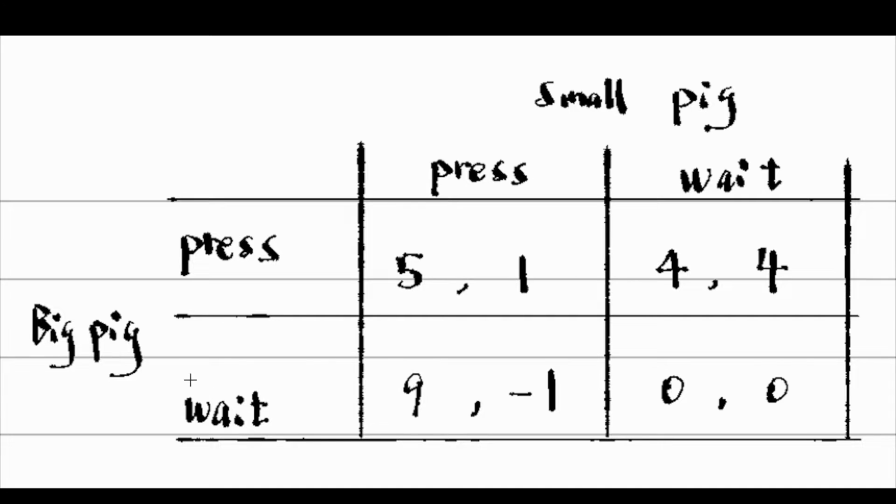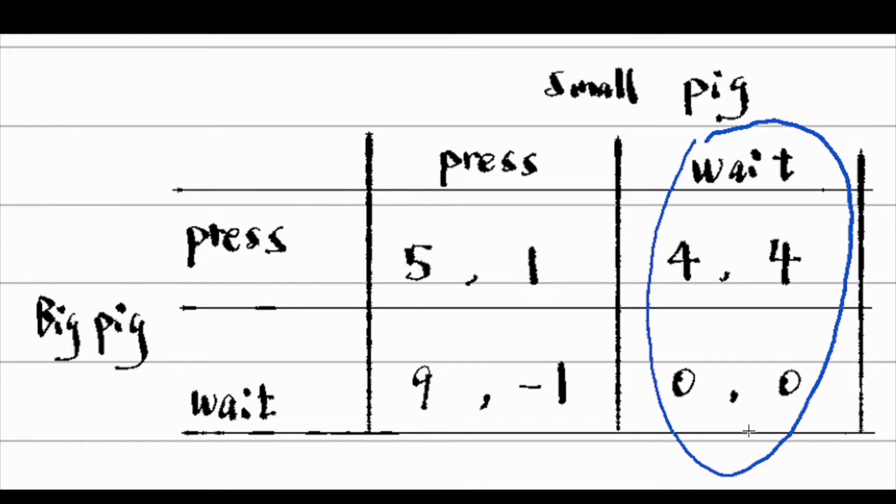In this case, the small pig's best choice is still to wait because it gives her 0 instead of -1 if she presses the panel. Therefore, the small pig will always choose to wait beside the food dispenser because it is her best strategy, or her dominant strategy.